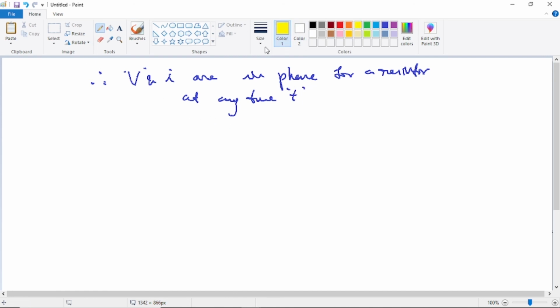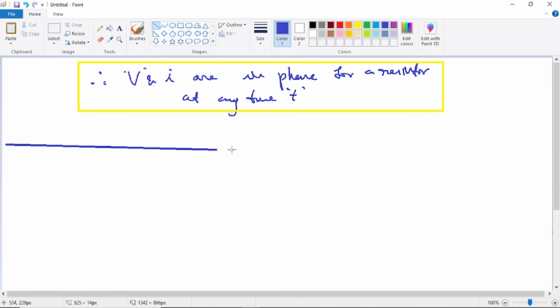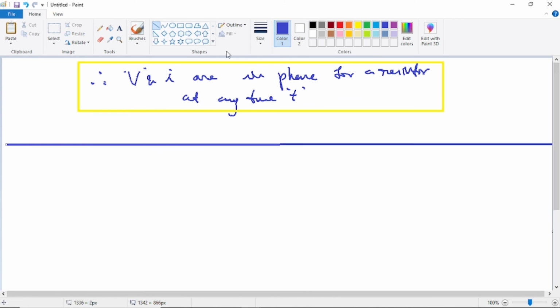In phase means, what is the meaning? Why is it called in phase? Because whenever the phase difference happens to be either 0 or 2 pi or 4 pi, they are said to be in phase. This is the completion of the entire answer, the entire topic. So this is the completion of the topic.